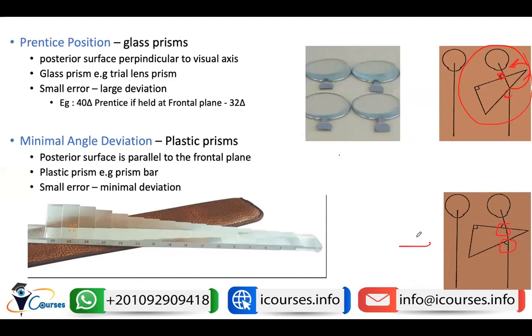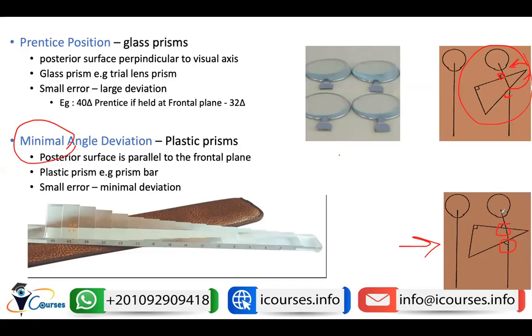This is the position of angle of minimum deviation, which is the minimum angle of deviation that can happen at any position of the prism. It will be less than the Prentice position and less than any other position. And it is understandable because it is called the minimum angle of deviation.